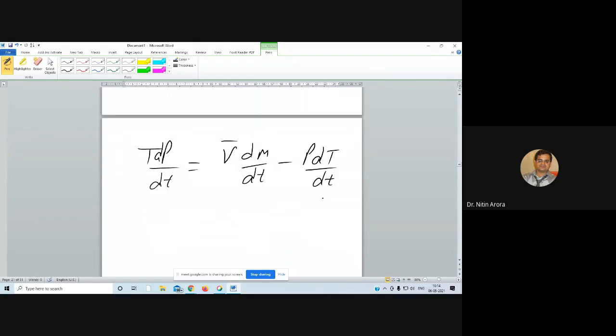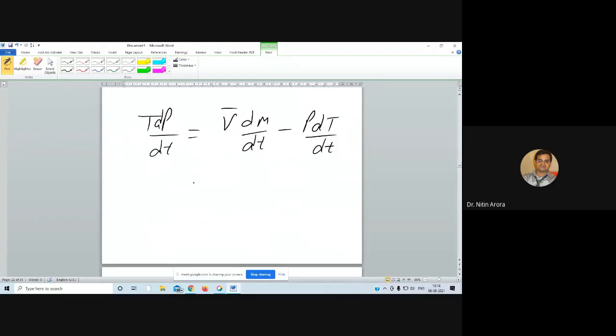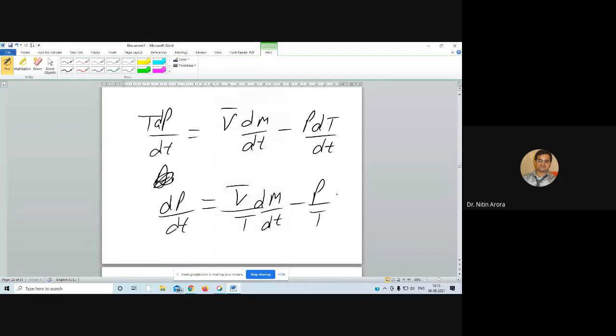Can I write it? Can I write it as dp upon dt is equal to V bar upon T dm upon dt minus P upon T dT upon dt? Can I write that or not?